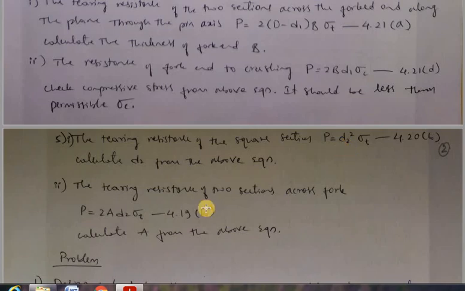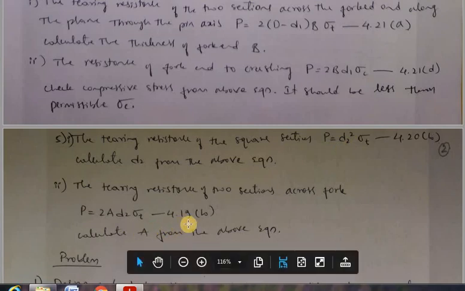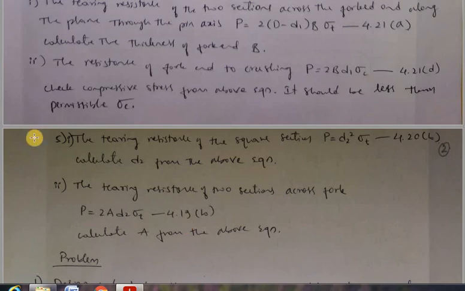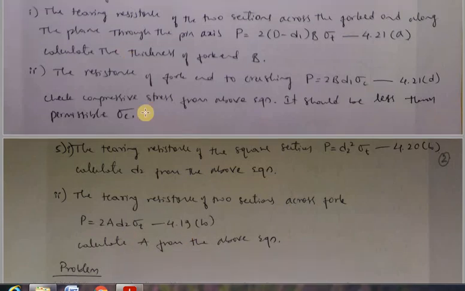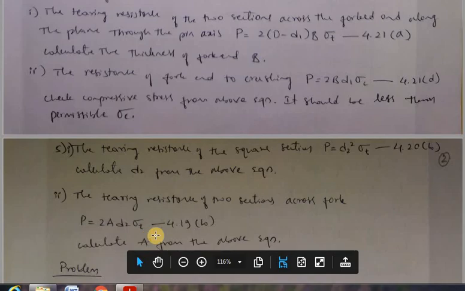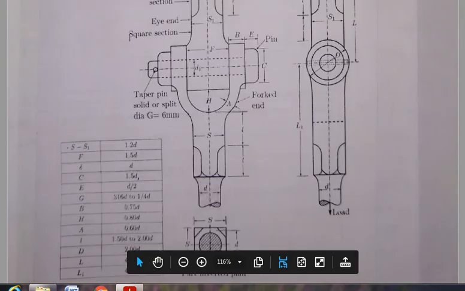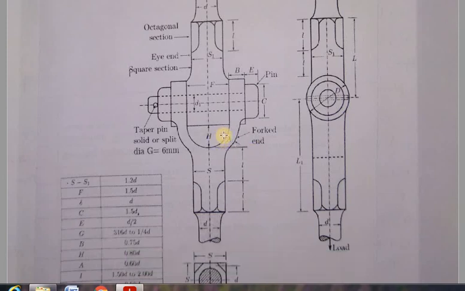Next we have equation number 4.19b, the tearing resistance of two sections across the fork, from which we are going to calculate the value of A from the above equation. So this dimension of A, we can look into the figure. Here you can see this is the thickness of the fork end. So this is the dimension of A that we have calculated.